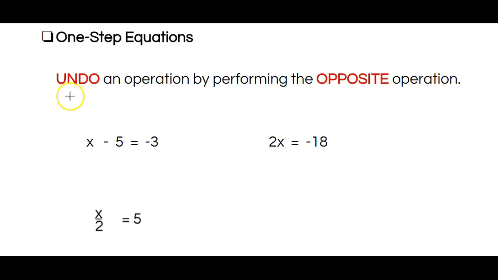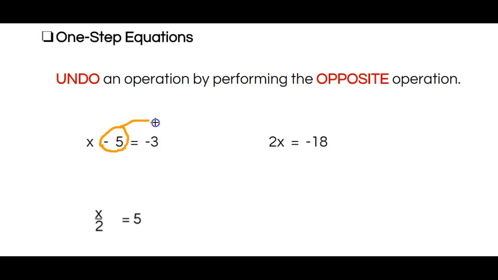So in this case, remember, when I'm solving equations, I always want to try to undo an operation by performing the opposite operation. And all of that's done with the idea that I'm going to get the variable all by itself on one side of the equation. So in this case, I can see that I'm subtracting 5 from x. And so in order to undo that, I have to do the opposite operation and add it.